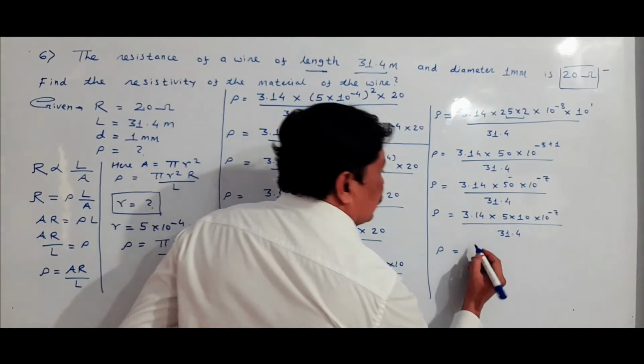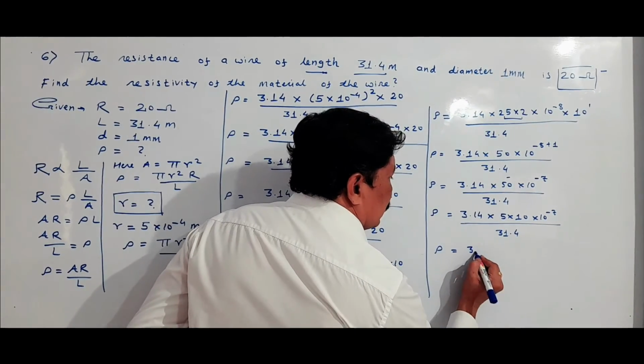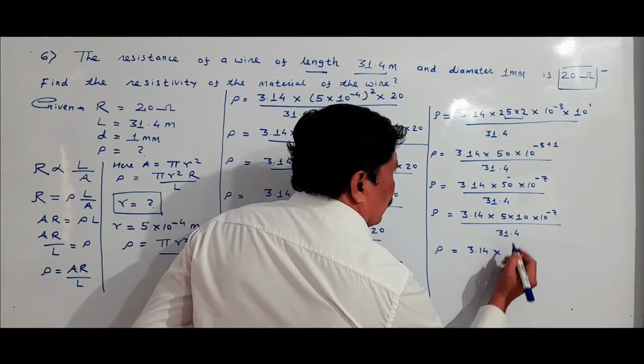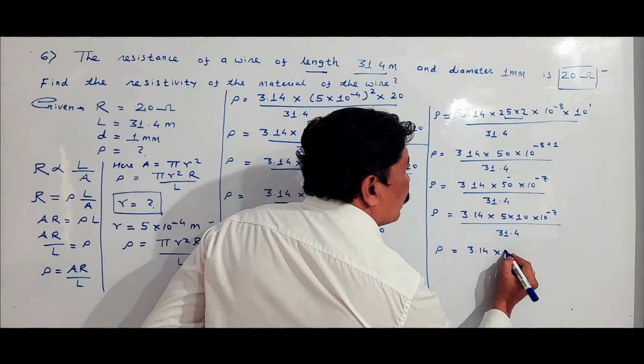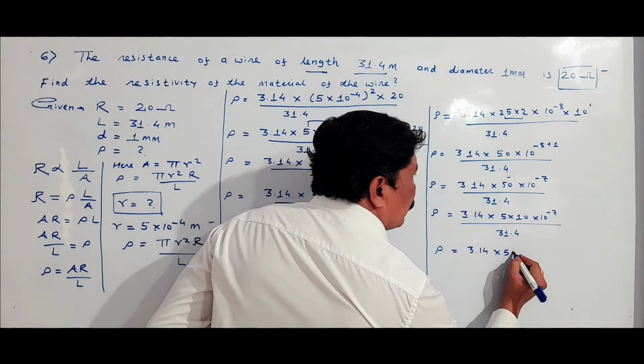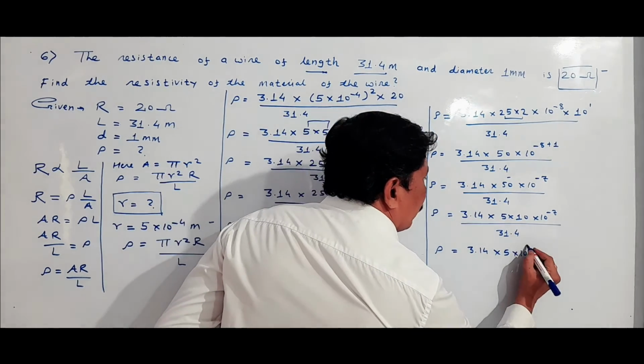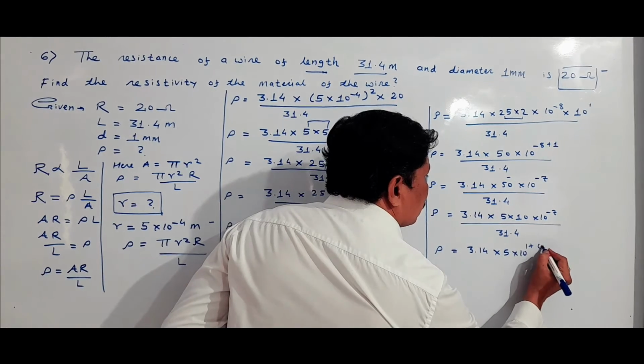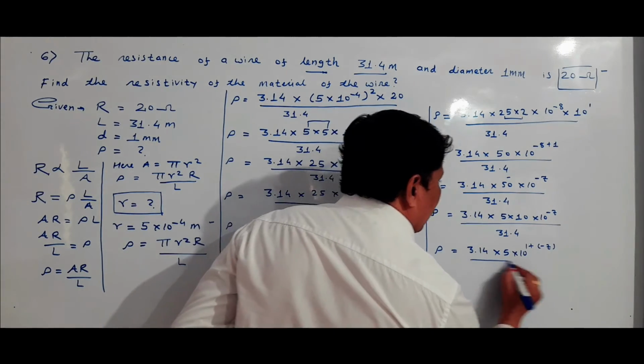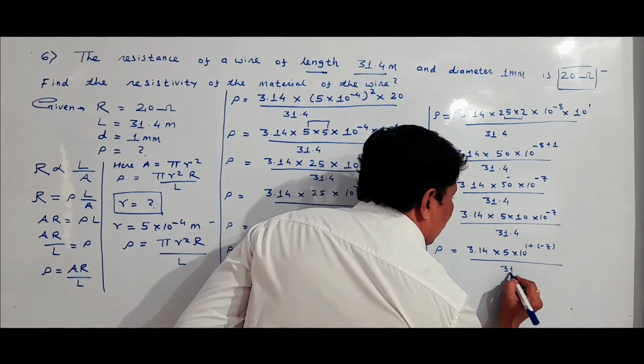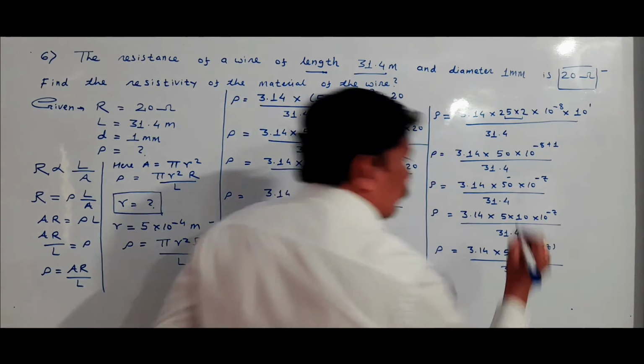Resistivity of a material is equal to 3.14 into 5 into 10 to the power 1 plus minus 7 upon 31.4.